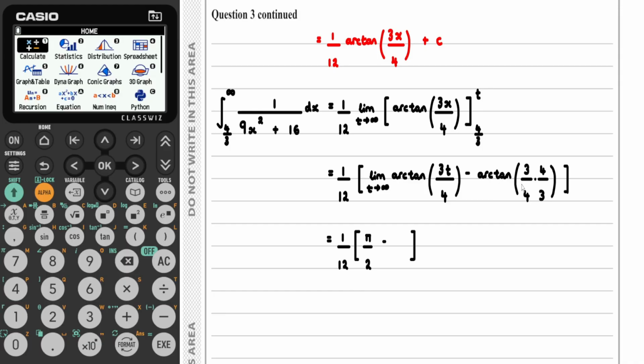And the inverse tan of 3/4 times 4 over 3 is the inverse tan of 1, which is just pi over 4. So I've got 1 over 12 times pi over 2 take away pi over 4, that will equal pi over 48.